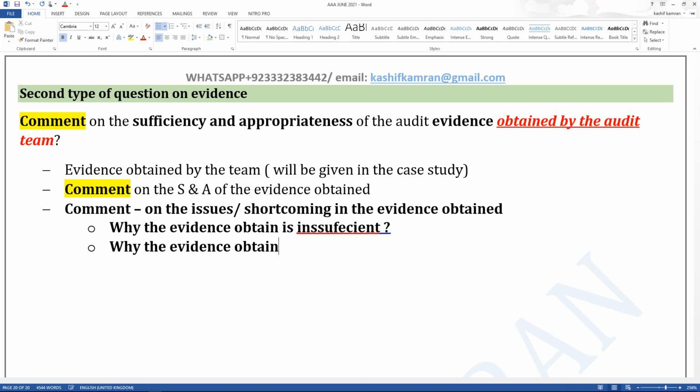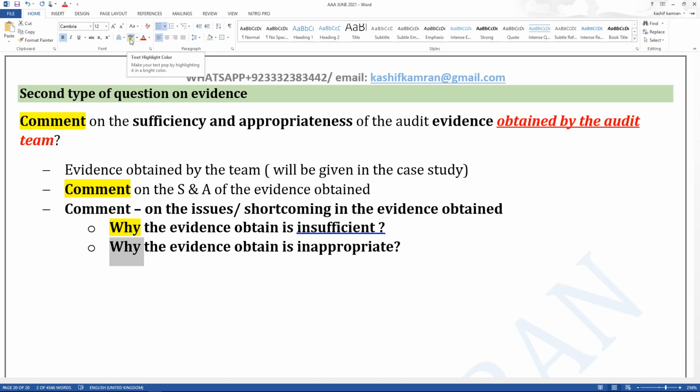And for every comment, how many marks will you get? 1 mark per comment. So why the evidence gathered by the team is insufficient or why it is inappropriate, every time you focus on the why, you explain to the examiner the why, because your comment cannot be without why.